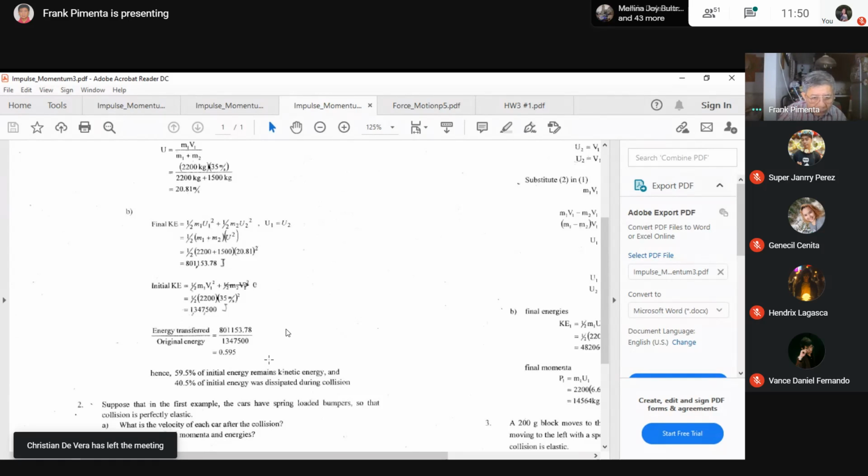That's the ratio. So if we subtract 59.5% from 100%, 40.5% of initial energy was dissipated during the collision. So this is the final answer.